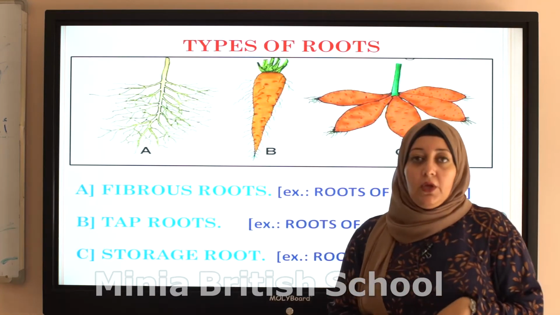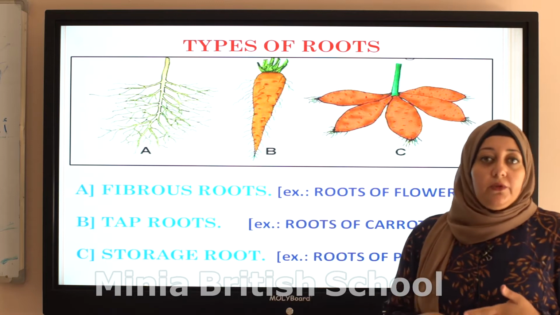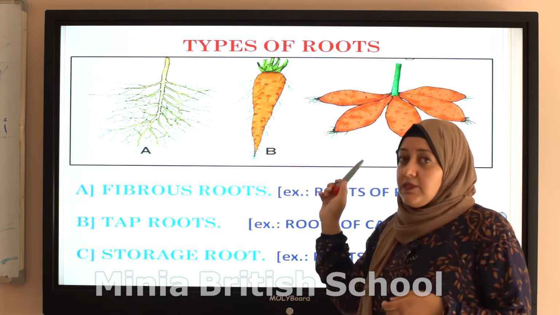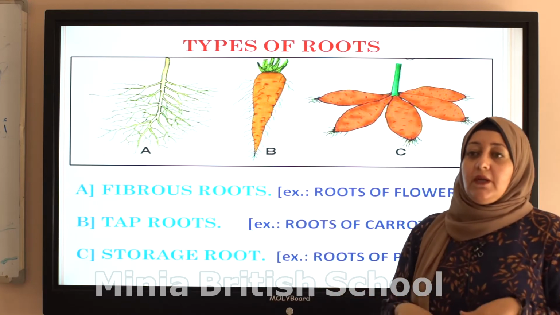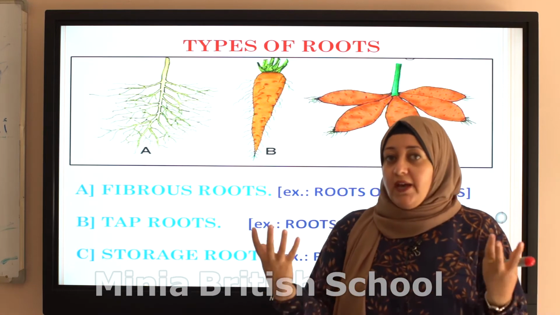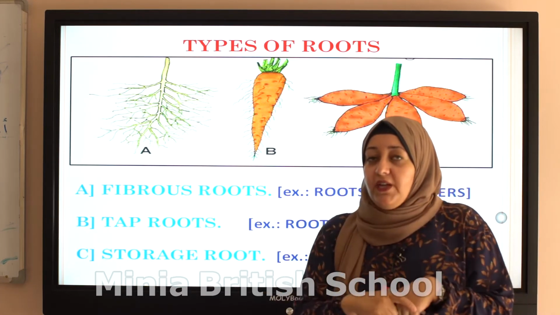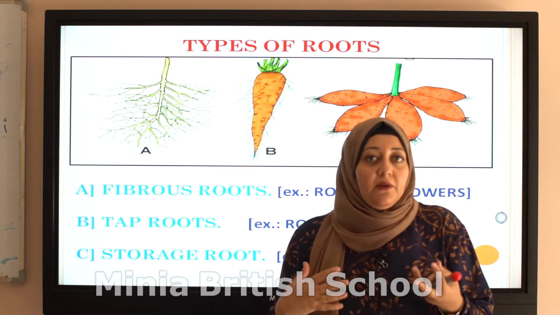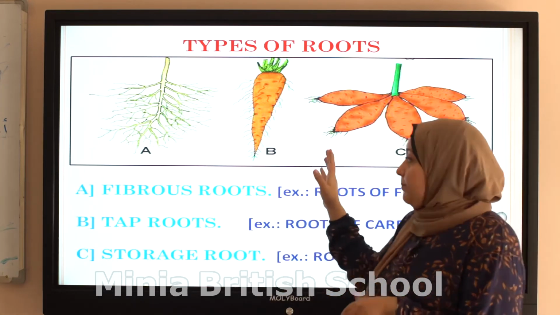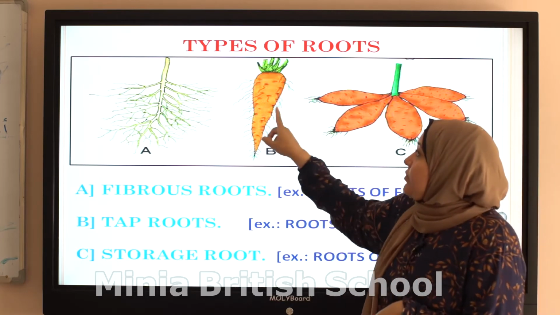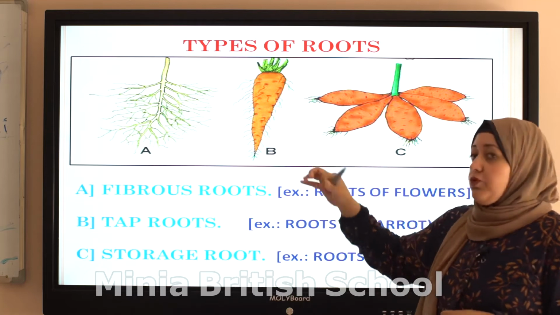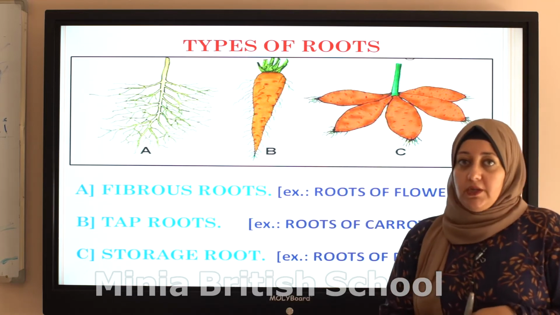Okay. Did you ask yourself also before, do all plants have the same roots, or do they have different shapes? Let's ask ourselves, do we have the same shape of face, or different shapes? Of course, we have different shapes. Also, plants have different types of roots which help them take water from the soil.